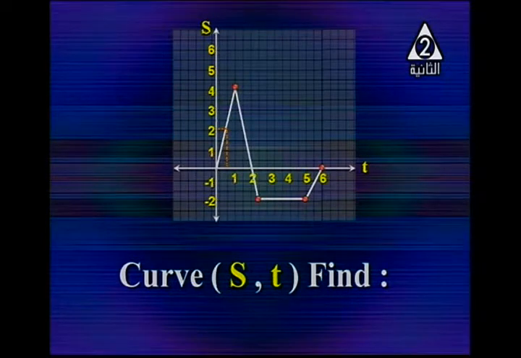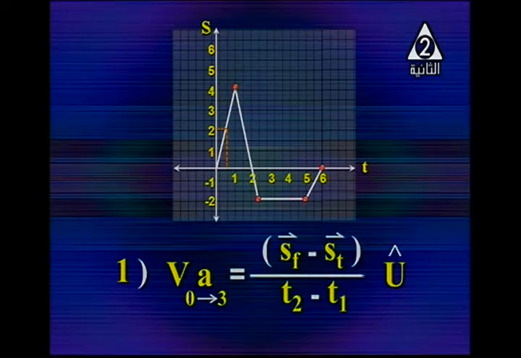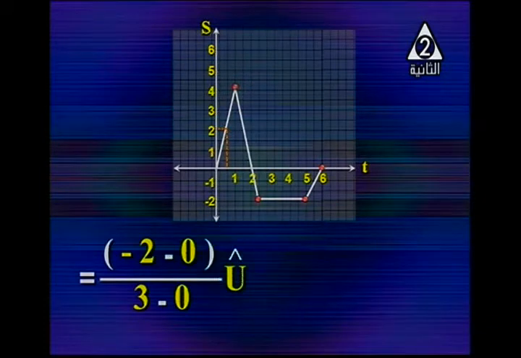Look at, dear student, from the curve of the distance-time, find number 1, v naught at 0 to 3. v equals the difference between two distances over the difference between two times. By substitution, then -2, when the particle covers a distance of -2.